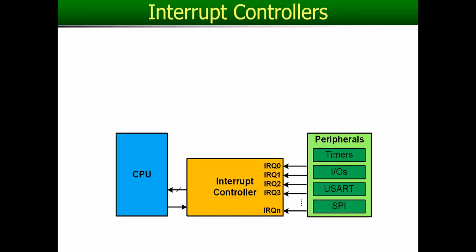So what is an interrupt controller? Think of this as a separate hardware unit whose job is to take care of the interrupts. Before sending a certain interrupt to the CPU, we can handle it here first. We can prioritize. For example, we assign IRQ0, interrupt request number 0, to timer 0.